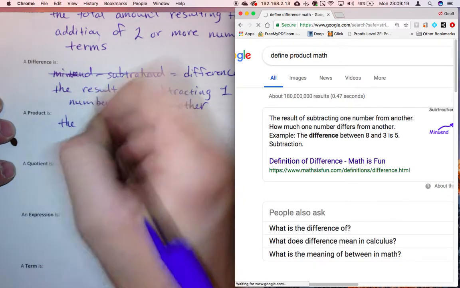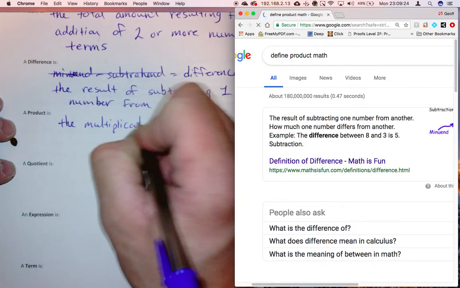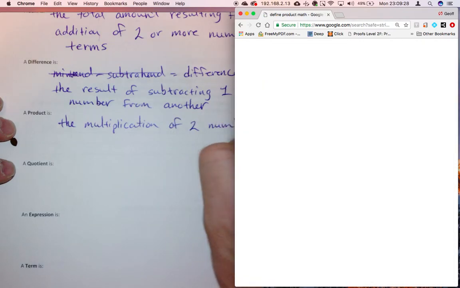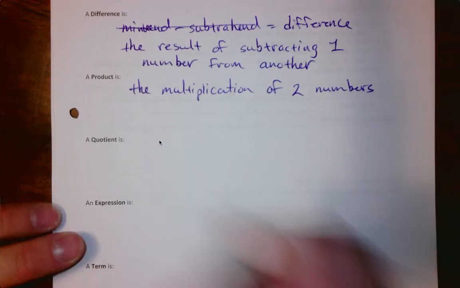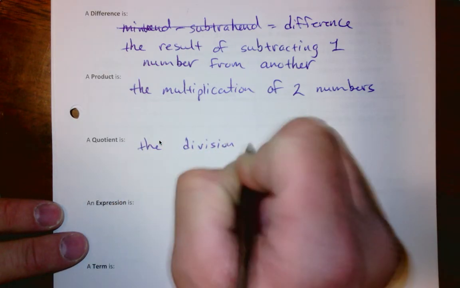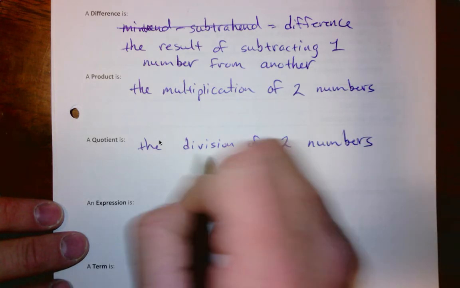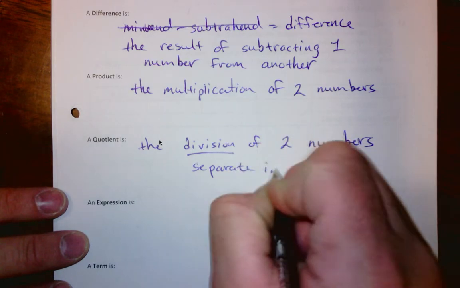The multiplication of two numbers. Here we go. Back to the other. A quotient is the division of two numbers. I mean, division, right? It means separation into groups.